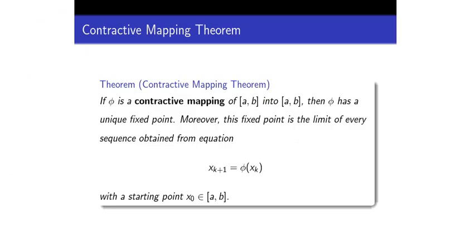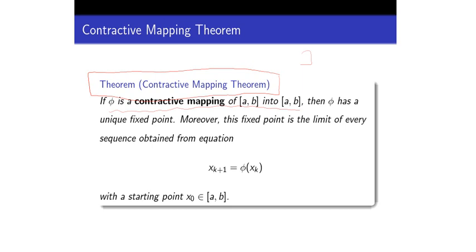So the next very important result is known as the contractive mapping theorem. I hope you are very clear about the meaning of a contraction map. It first states that if phi is a contractive mapping of [a,b] into [a,b], what does that mean?